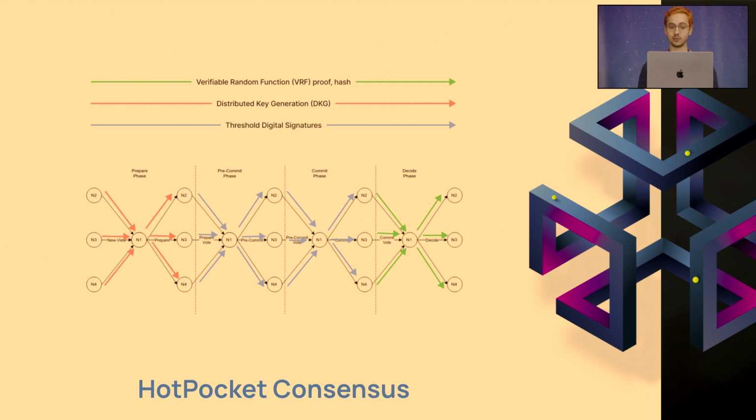So whether it be for verifiable leader election or distributed key generation or any other metadata, since we already have that dissemination of information throughout the entire network, we can just tie additional metadata to every single step and the entire network will know about it. And that is hotboxing consensus.